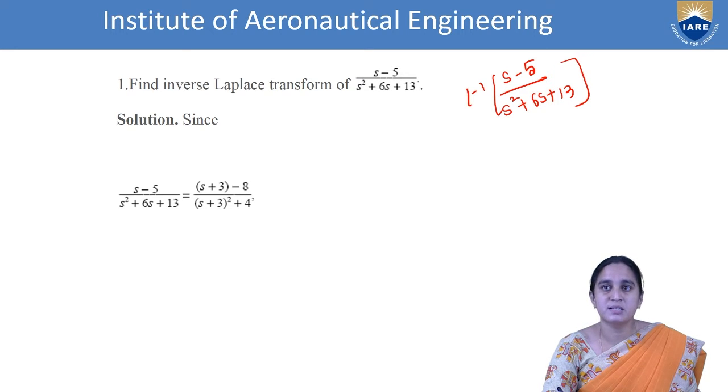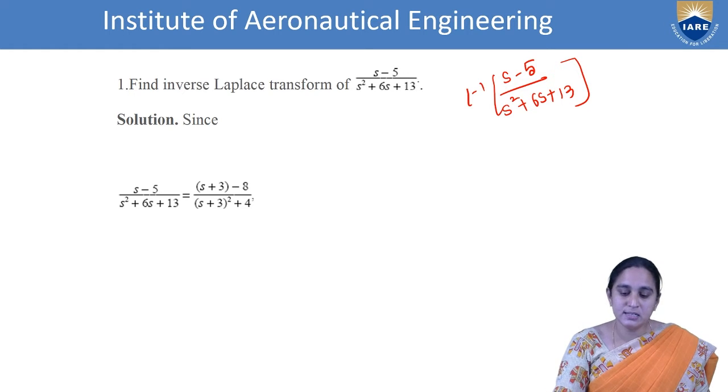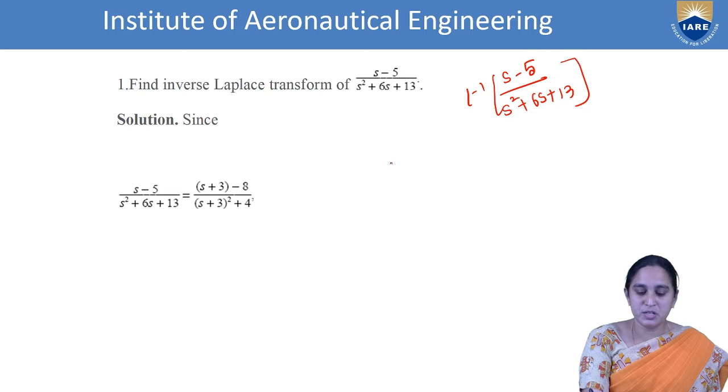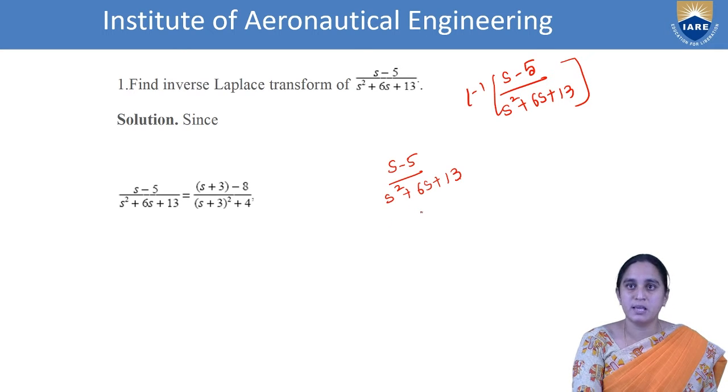For convenience, let us assume the function as s minus 5 by s square plus 6s plus 13. Now I'll convert the function as f bar of s minus a. Why?